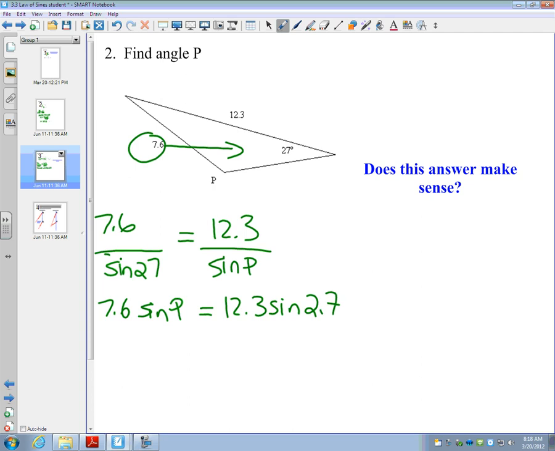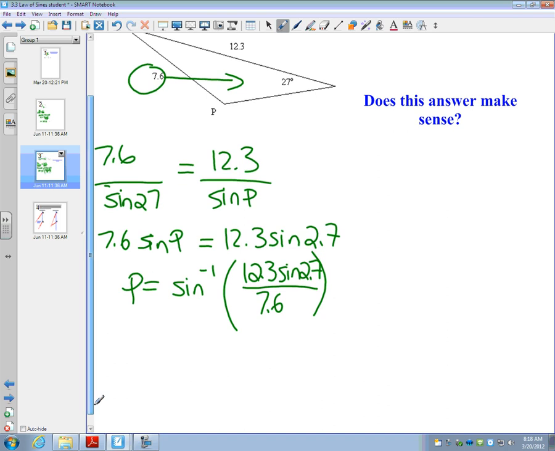Dividing both sides by 7.6 and taking the inverse sine will give us our answer. And then in the brackets, we get 12.3 sine 27 divided by 7.6.